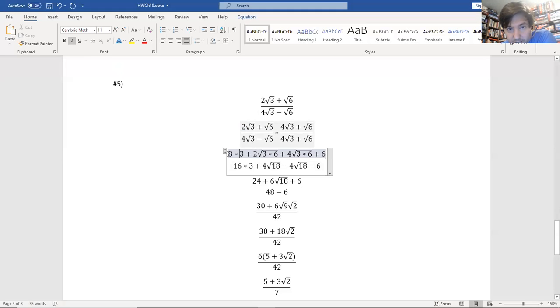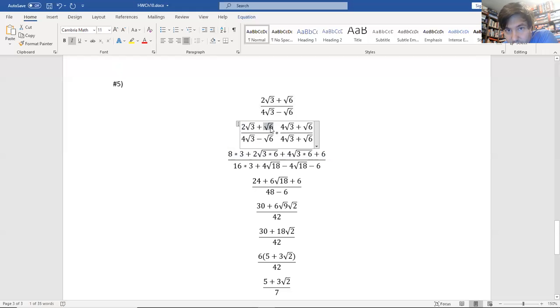So the 2 and 4 gave me an 8, the root 3 and root 3 gave me a 3. This part is 8 times 3. Next, I'm going to do the outer terms, 2 root 3 times a root 6. The 2 doesn't have anybody to go with, that's just a 2. Combine the roots into one root where you multiply them together, 3 times 6. We'll leave that there for now.